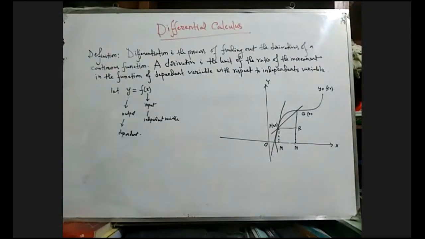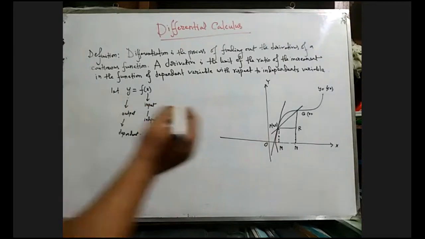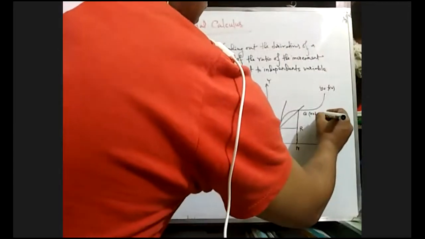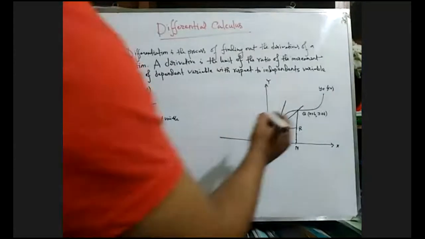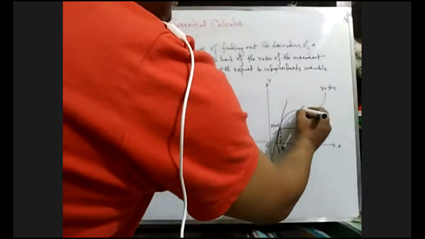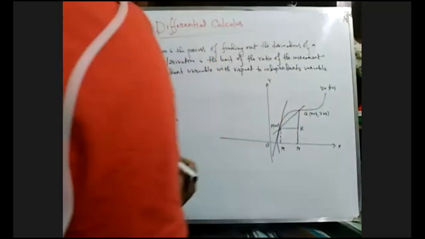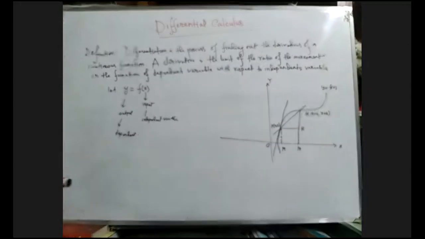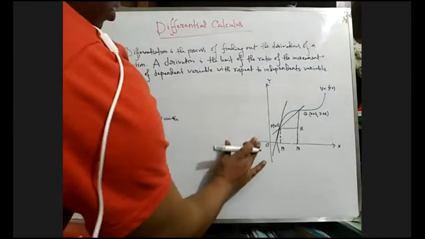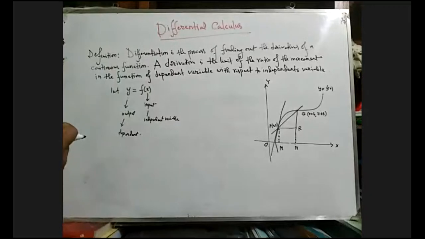Suppose x plus a and y plus a. So after the increment a, we get another point Q on the same curve. So what is the rate of change of this? This rate of change can be found by the ratio of the limit.